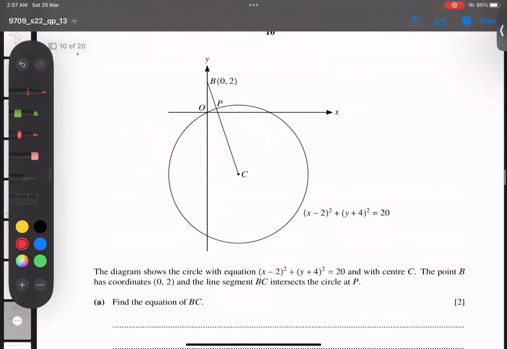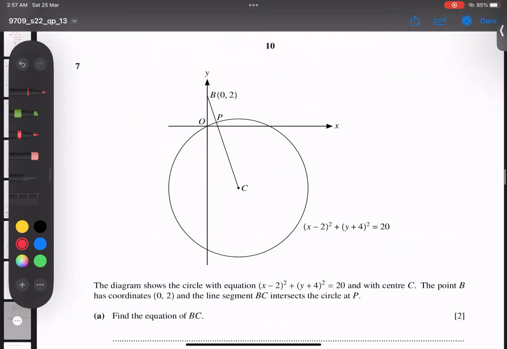So let's talk about the next question, number 7. And question number 7 says what here? We have a topic of circles. This was newly added in our AS level syllabus 2 or 3 years back. Since then, it is coming every year, so it is a very important topic.